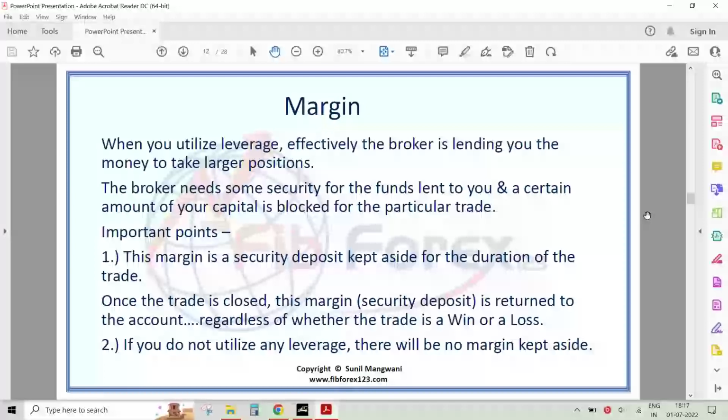But it can be flexible. So don't think that whatever leverage your broker is giving you, you have to use that. In fact, relating to the second golden rule of risk management, we'll find a nice way where you can utilize this leverage, but at the same time, not risk your capital too much. And we'll come back to that.